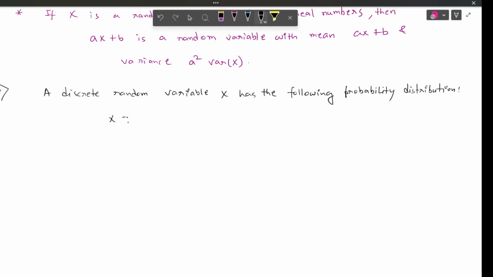X is 1 to 7, and P of x is C, 2C, 2C, 3C, C square, 2C square, and 7C square plus C. Find the value of C.